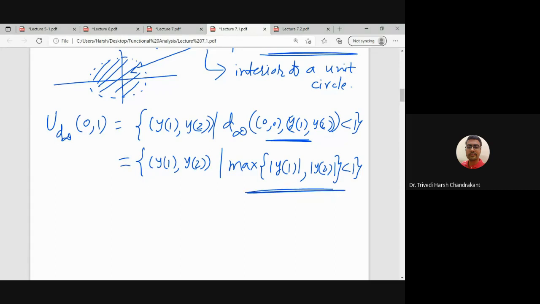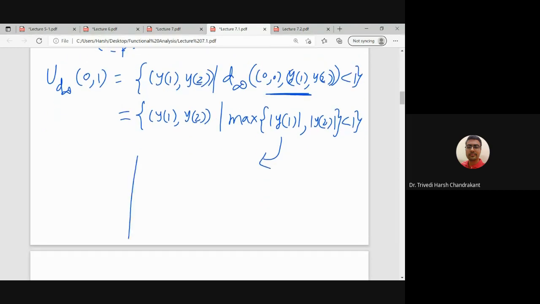So here what we get, the shape will be kind of a square. Because modulus y1 can also be, we can take up to 1, modulus y2 also we can take up to 1.